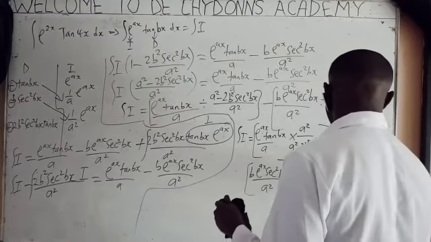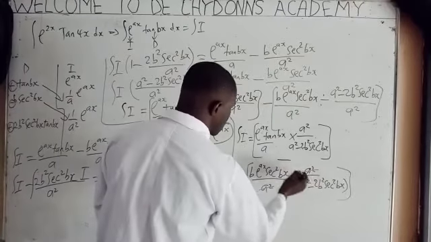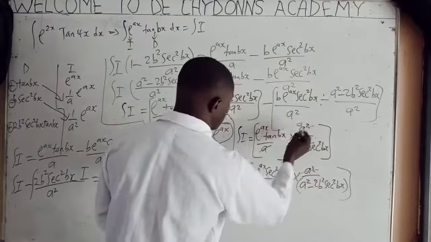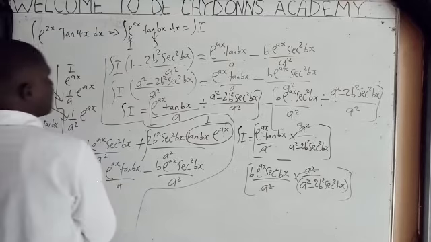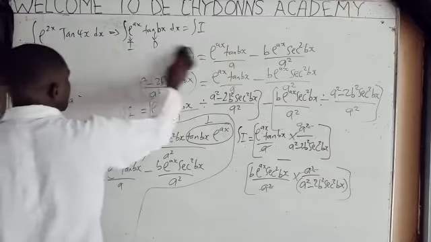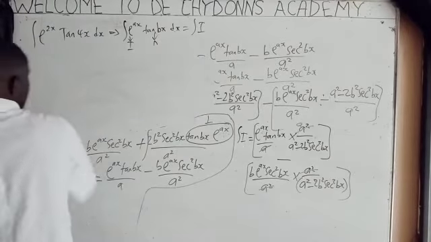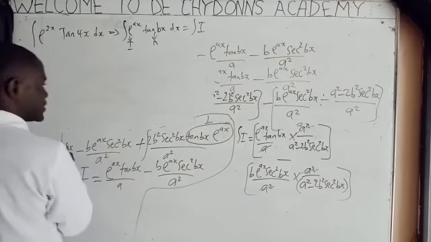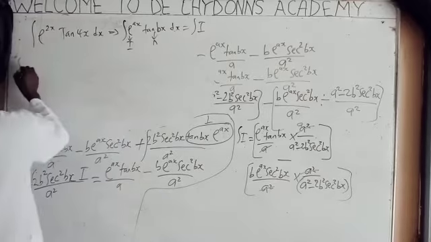Then what you notice is that this will cancel this and this will cancel this to give you a. So we'll be having finally that integration. What is my I?